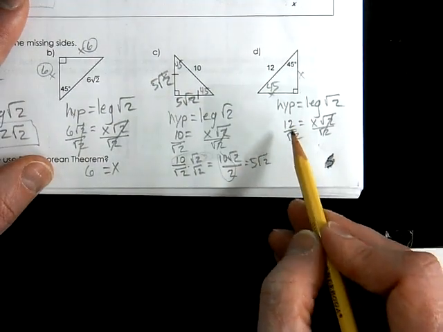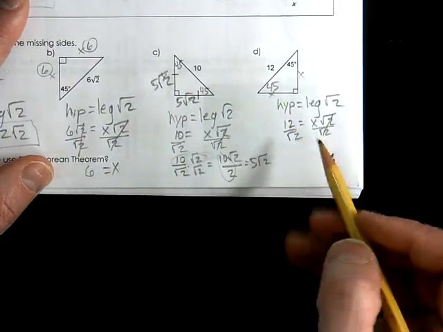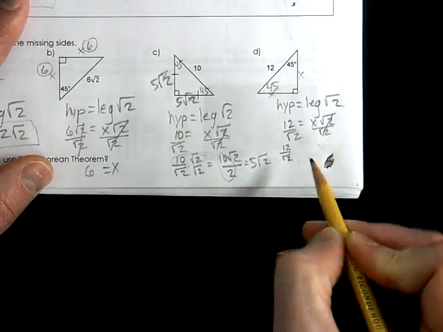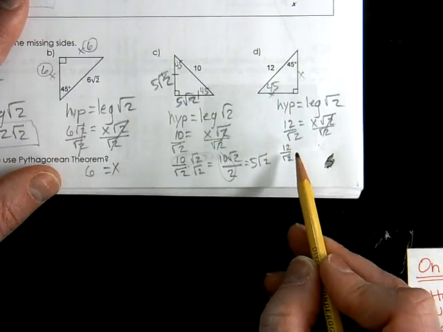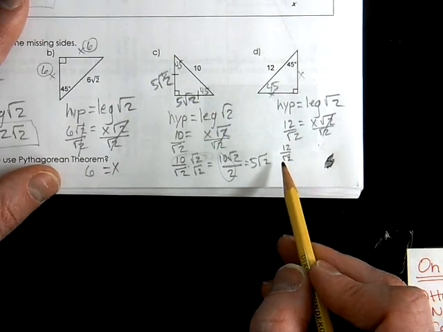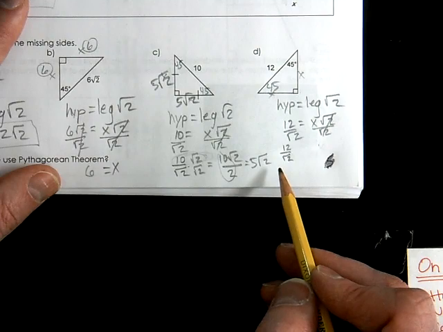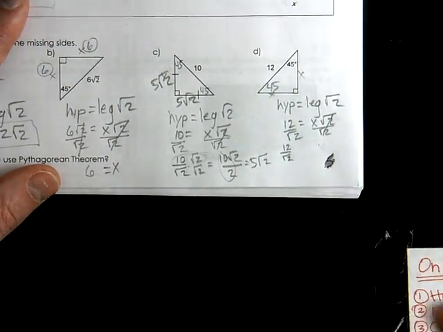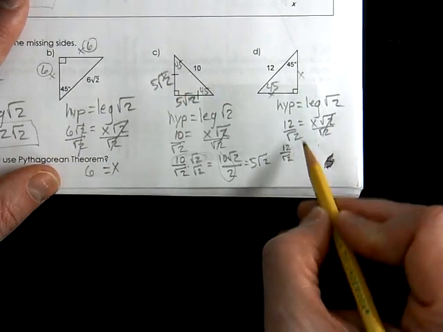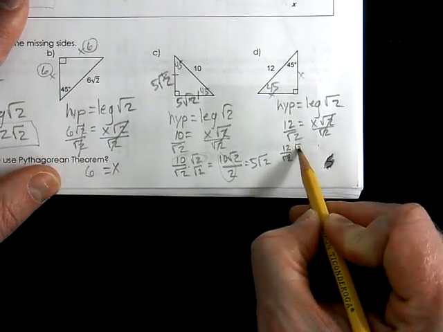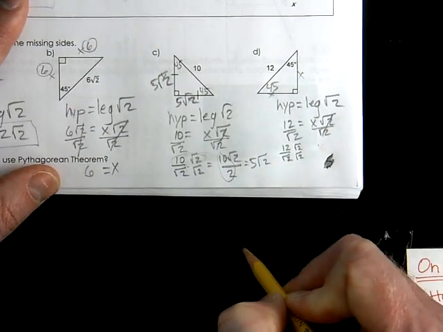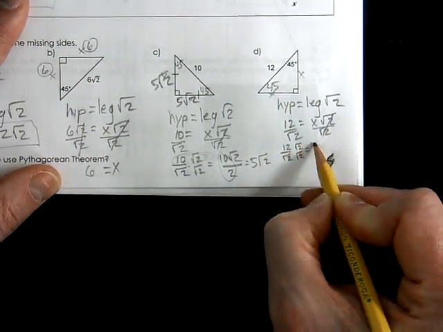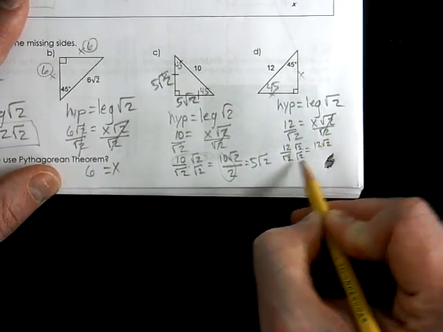How am I going to simplify this? If you have 12 divided by root 2, what do you have to do? Can I call that 6? Can I call that 6 root 2? Well, maybe, but you need to know what you're doing to get there. We're going to rationalize the denominator. That gives me 12 root 2.